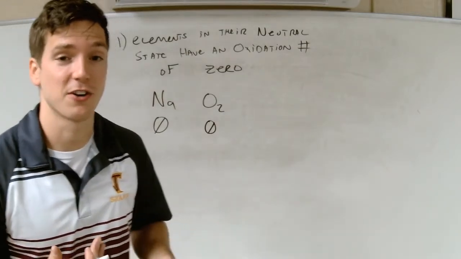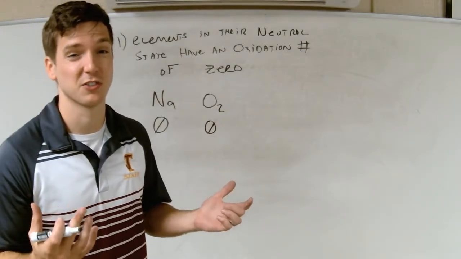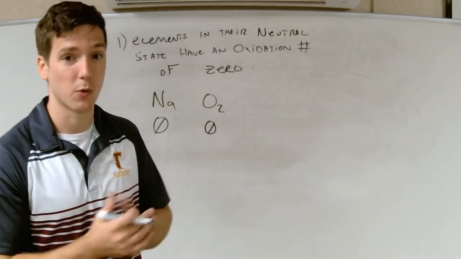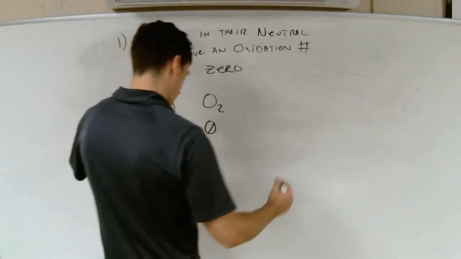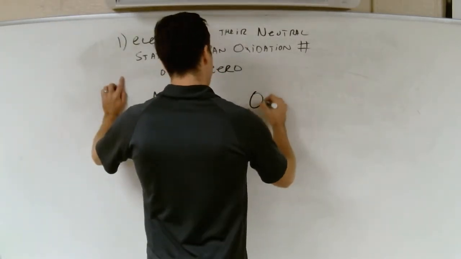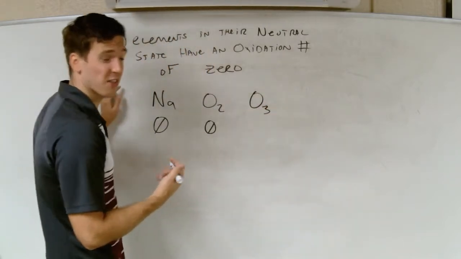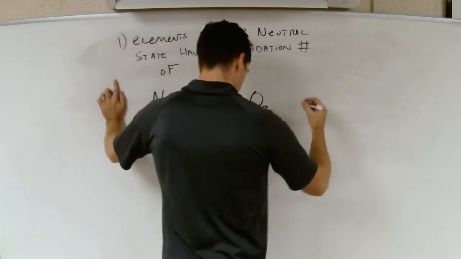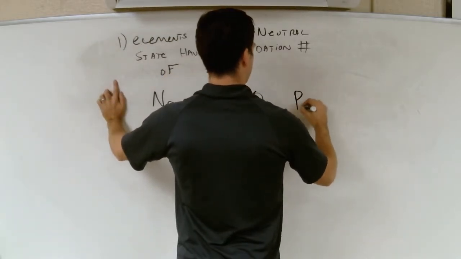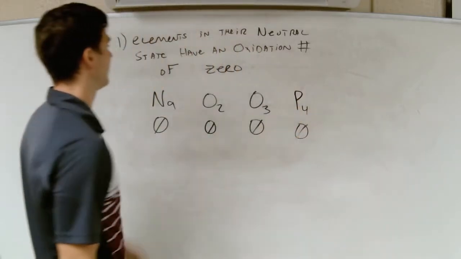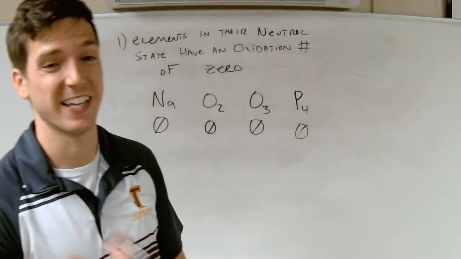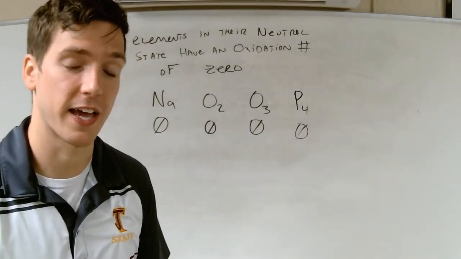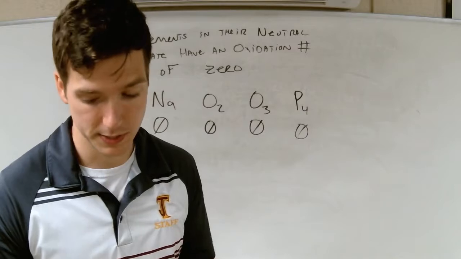There's no stated charge. They both must have an oxidation number of 0 since they have to be the same in order for that compound to be 0. O3, no charge given. All those oxygens must have a 0. Let's go with P4. Again, it's neutral, no stated charge. All those phosphorus atoms have to have an oxidation number of 0.